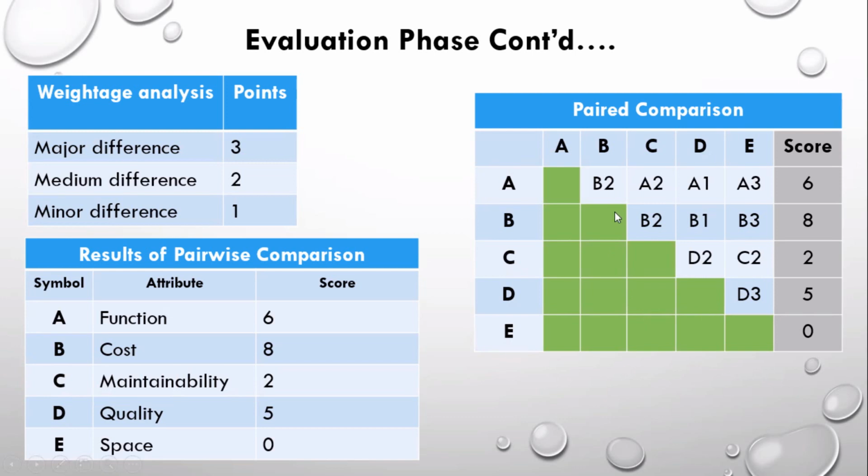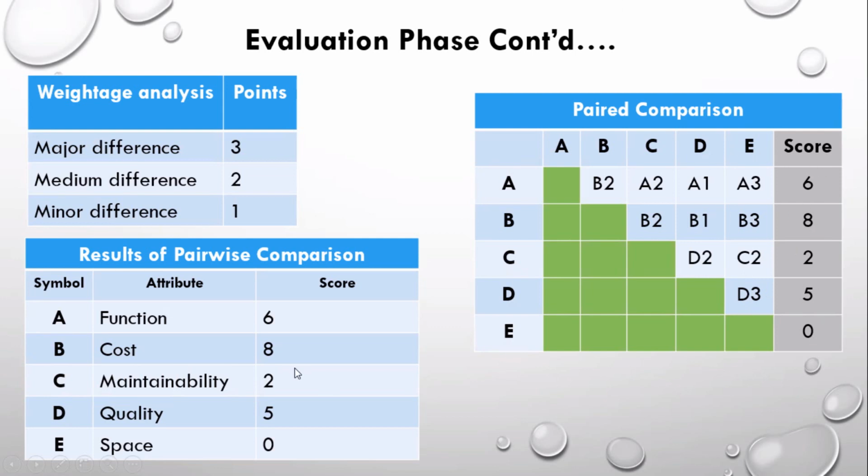Like that, next we compare the second criteria, that is cost, with the other three criteria. Then we compare maintainability, the third criteria, with the remaining two criteria. Then D, quality, is compared with the remaining one, that is space. That gives the total score.